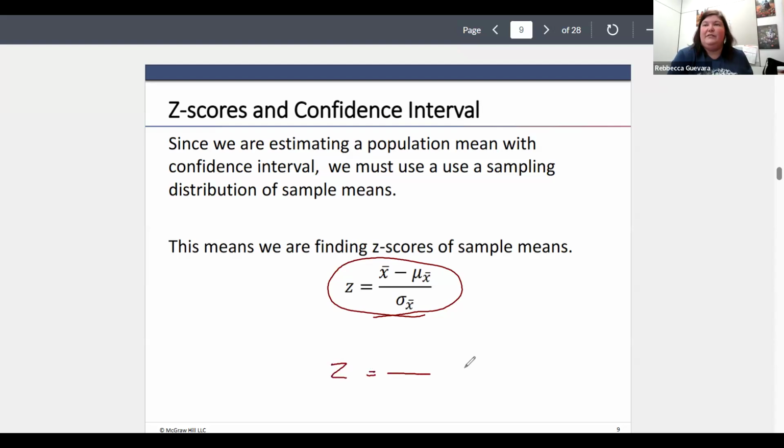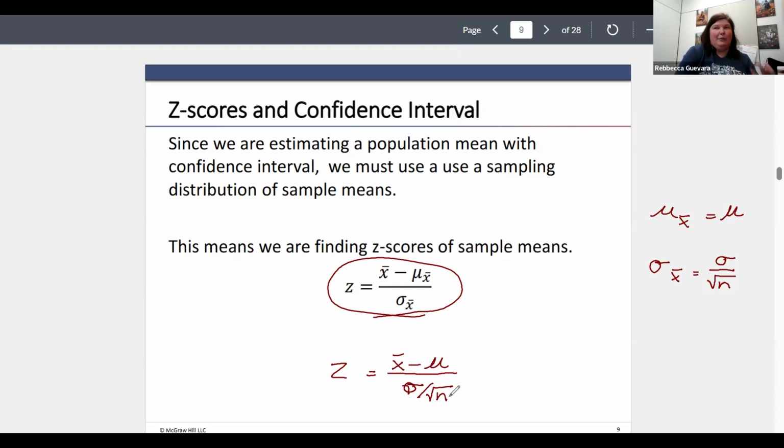Or another way of saying this, if you remember, the mean of all my means is the same as the population mean. The standard deviation of all my means is going to be the population standard deviation divided by the square root of the sample size. So another way of saying this is that the z-scores we're looking at are going to be z-scores for x bar minus the population mean, divided by sigma, which is then divided by the square root of n.